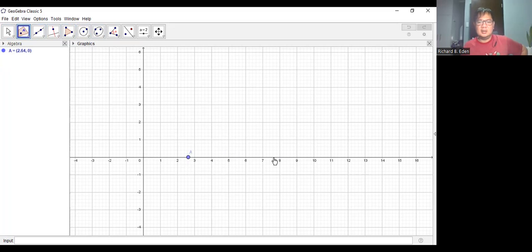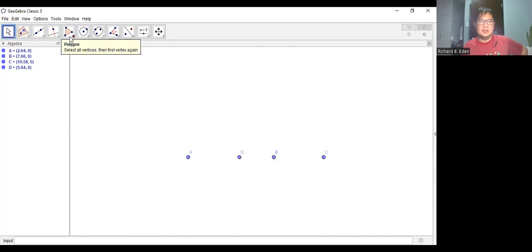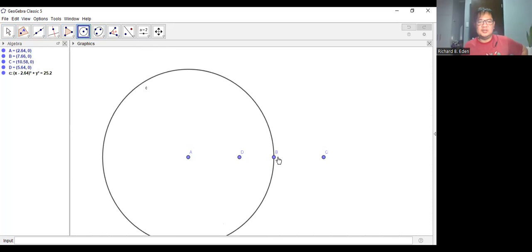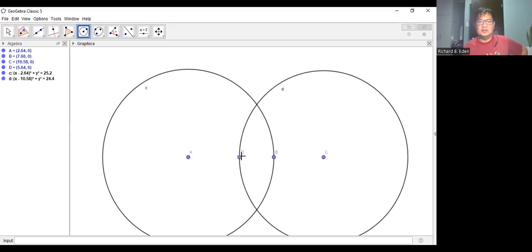A, and then B, and then C, and then D. All right, I don't need the grid. So I have the circle centered at A. This is supposed to be C1, and then the other circle, from C all the way to D, is supposed to be C2.